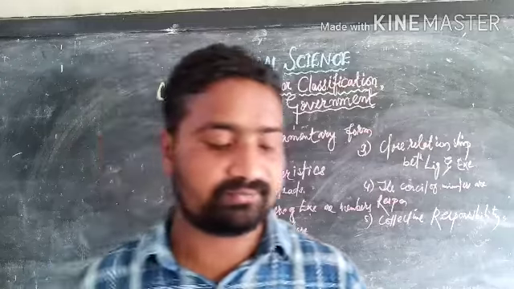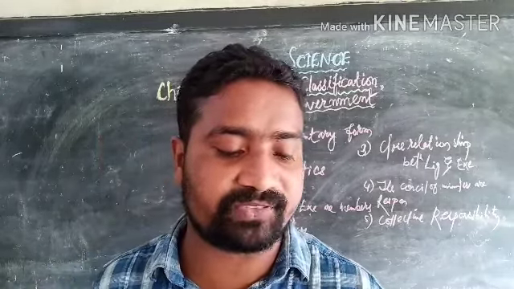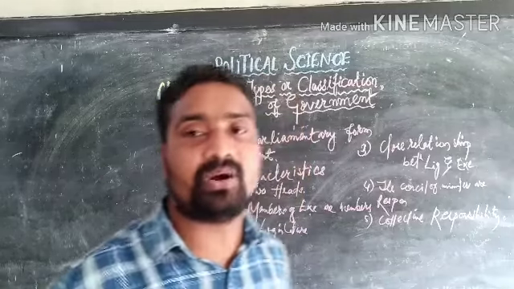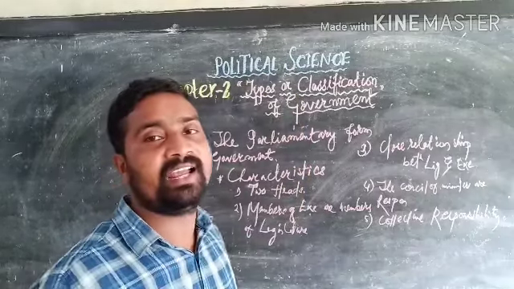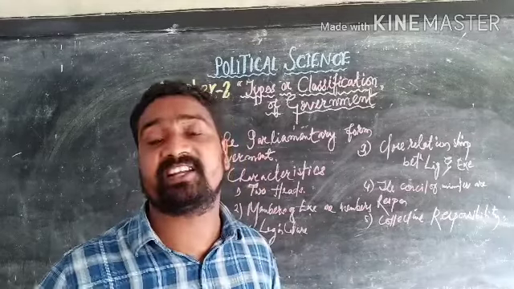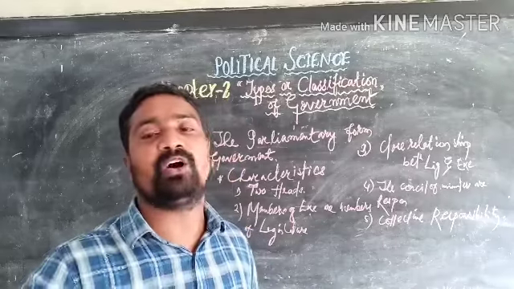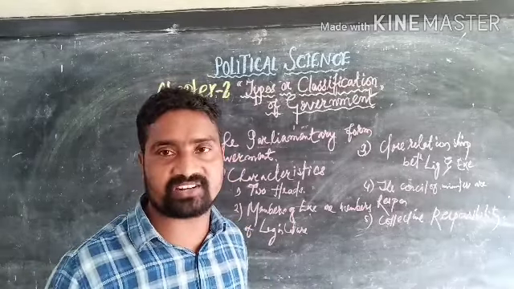The second one is that the ministers of the parliamentary form of government are generally found to be inexperienced, and when they are inexperienced, they are bound to take the help of bureaucrats. Who are bureaucrats?